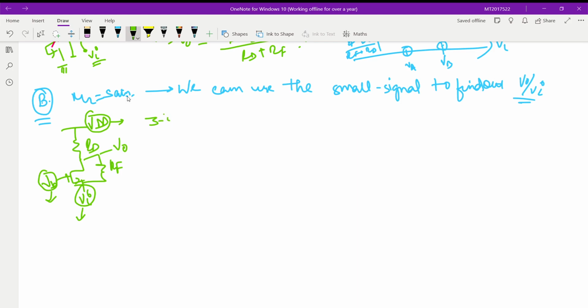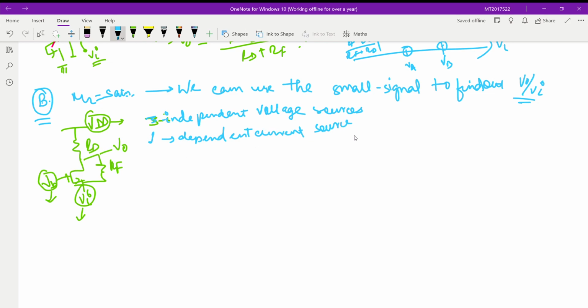Three independent voltage sources and one dependent current source. So what is this dependent current source?